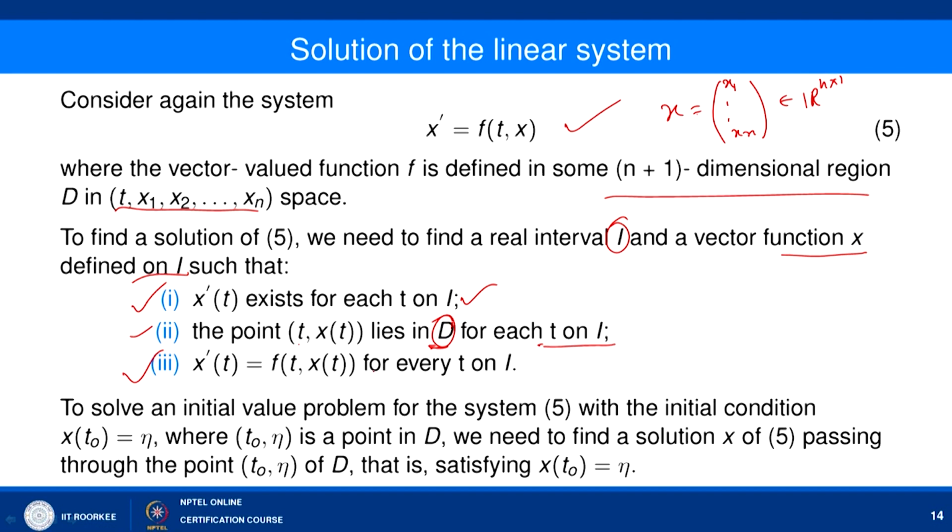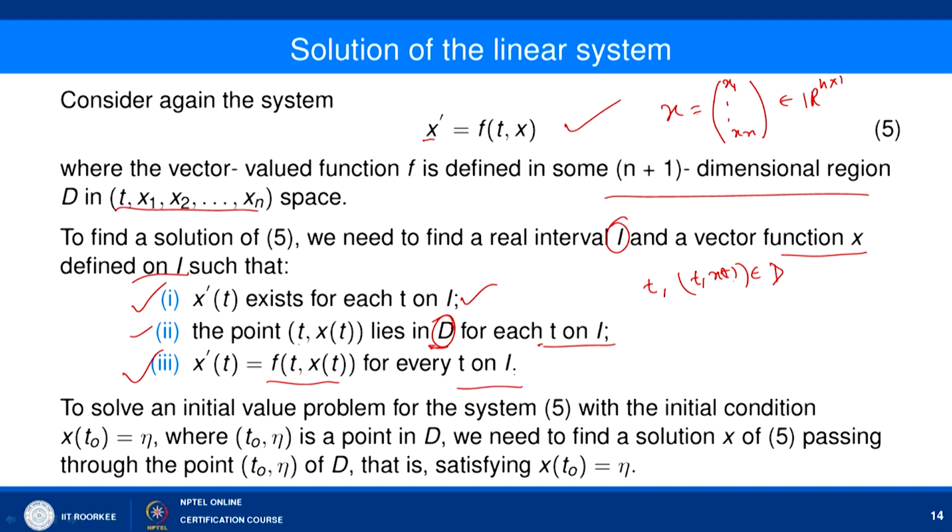So first, the derivative exists for all t in that interval. Second, for each t, (t, x(t)) will lie in your domain. And third, the derivative exists and is equal to the value of f(t, x(t)) for every t in this interval I.